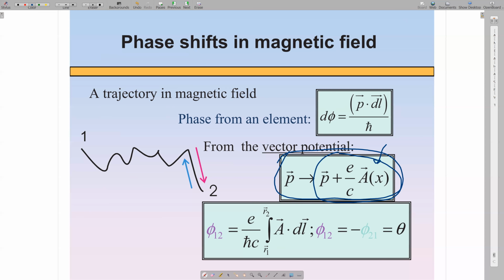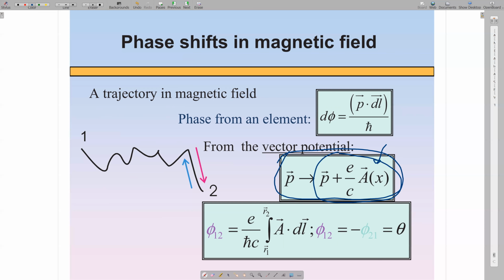Okay, Francesca has seen this derivation. So it comes from classical mechanics when you want to put the magnetic field not in the form of equations of motion, but derive it from the Lagrangian or Hamiltonian. Then you need to put a vector potential there.